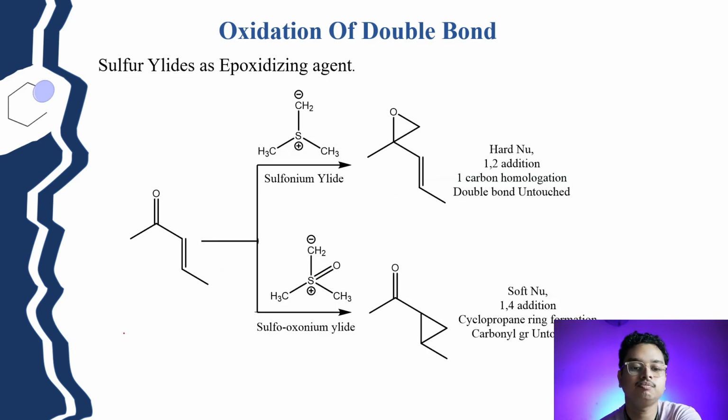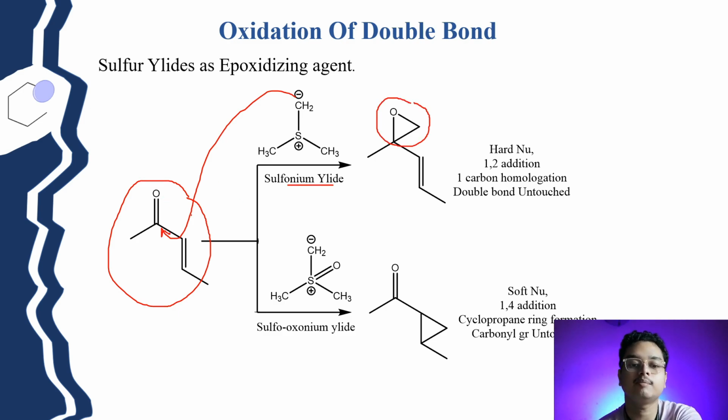For example, if you have this type of alpha beta unsaturated carbonyl compound, in the presence of sulfonium ylide, since it is unstable, it is a hard nucleophile, and it will show 1,2 attack, and after 1,2 attack you will generate the epoxide from here, with one carbon increased.